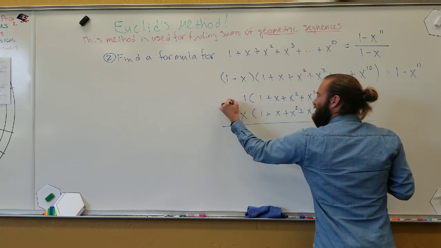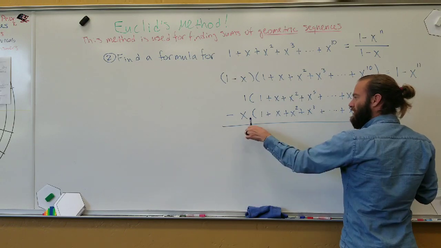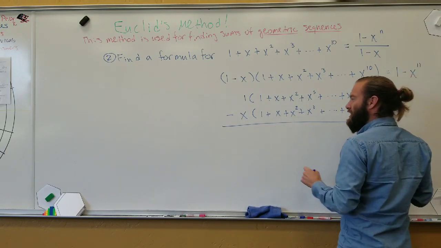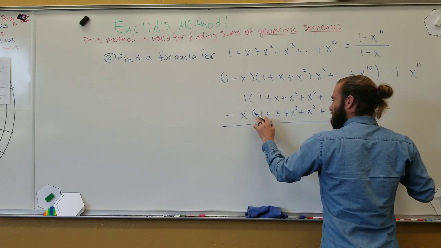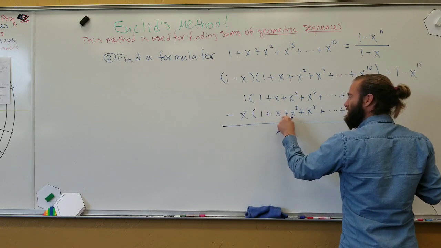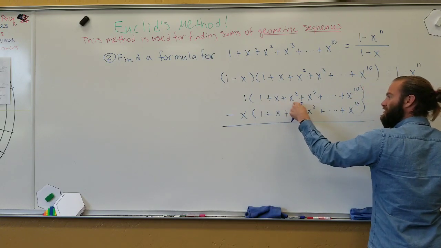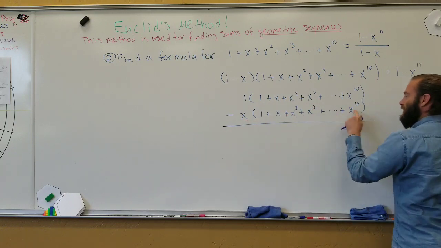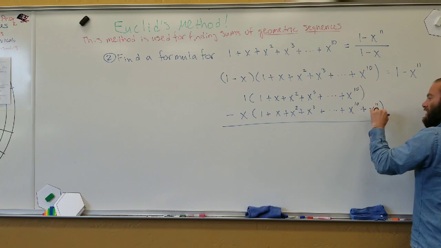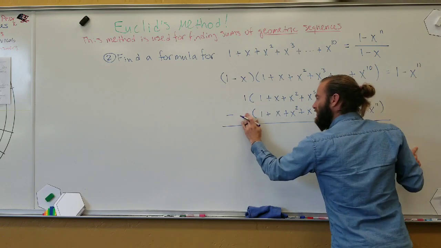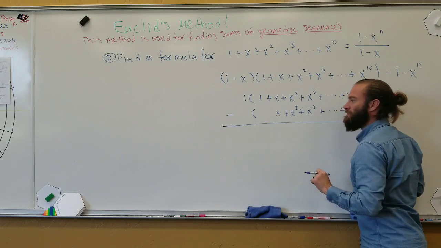I didn't use the s here to represent the sum, but if you notice here, when you multiply this x into everything, it actually makes everything push forward, and this turns into x and x squared and x to the third. This becomes x squared, x to the third. So when I distribute that x, it makes this whole thing go up to x to the 11th. And I'll just get rid of that x because, oh, and I have to get rid of this 1, don't I?